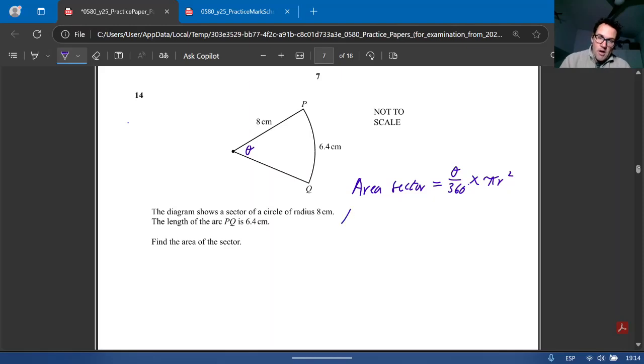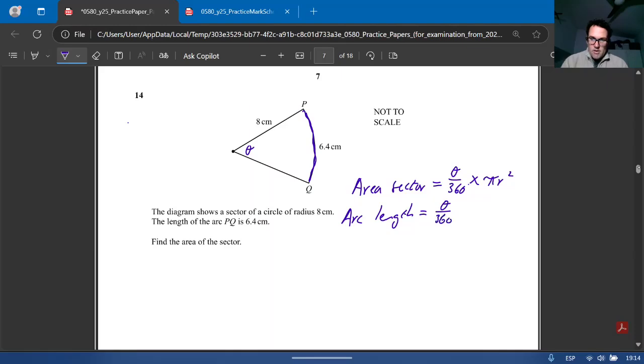Then you also get arc length. What's an arc? This is an arc. A piece of the circumference of the circle. Again, what fraction of the pizza do we have?